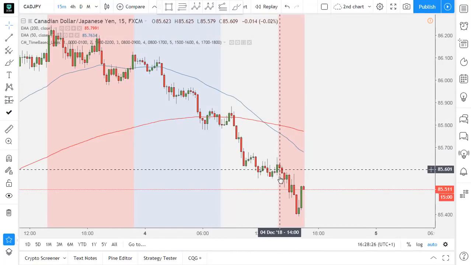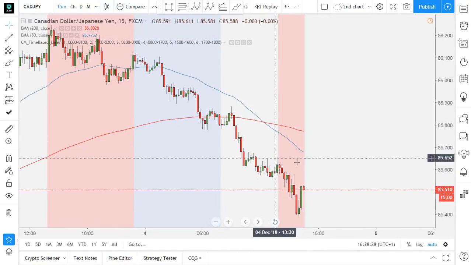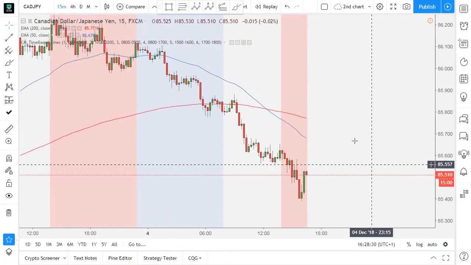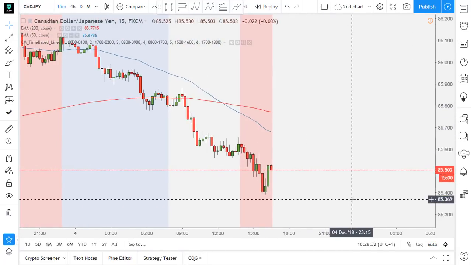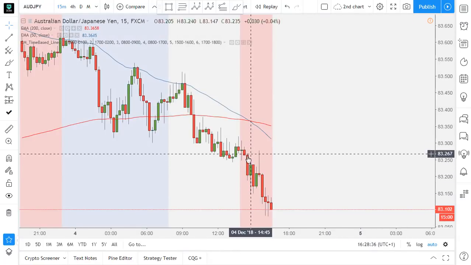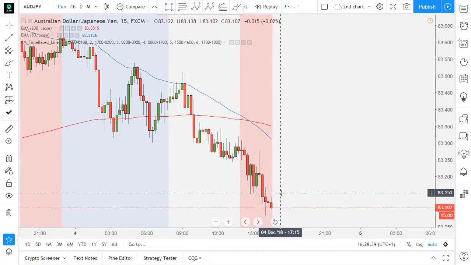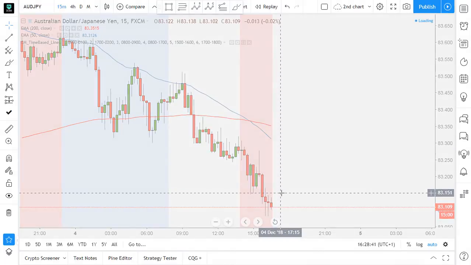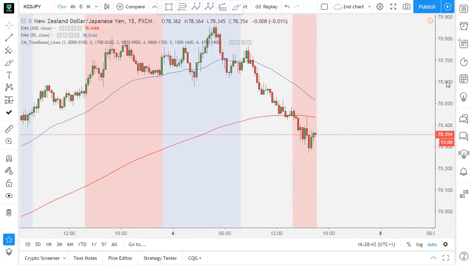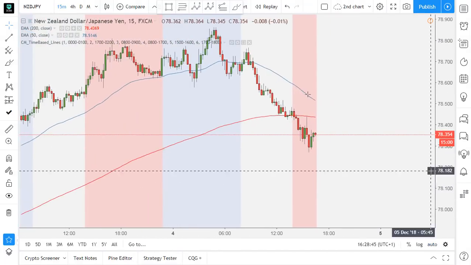The same thing: at the start of the New York session, we have a downtrend with the EMA crossover and everything. AUD JPY, the exact same thing. It's falling. We still didn't have an EMA crossover, but it was falling strong.